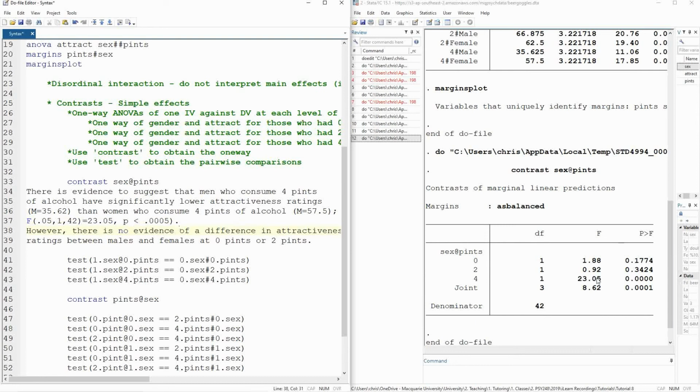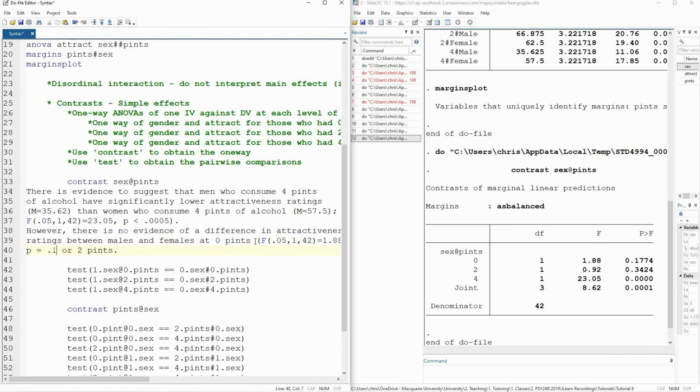However, there is no evidence of a difference in attractiveness ratings between males and females at 0 pints. And now I can put my F statistics in brackets, because that kind of works better here. So an F of 0.05 on 1 and 42 gives me 1.88.